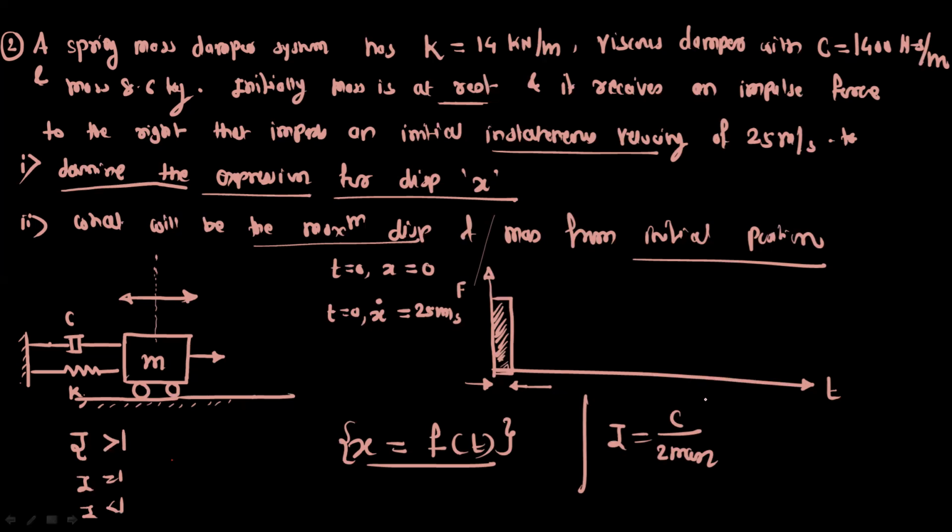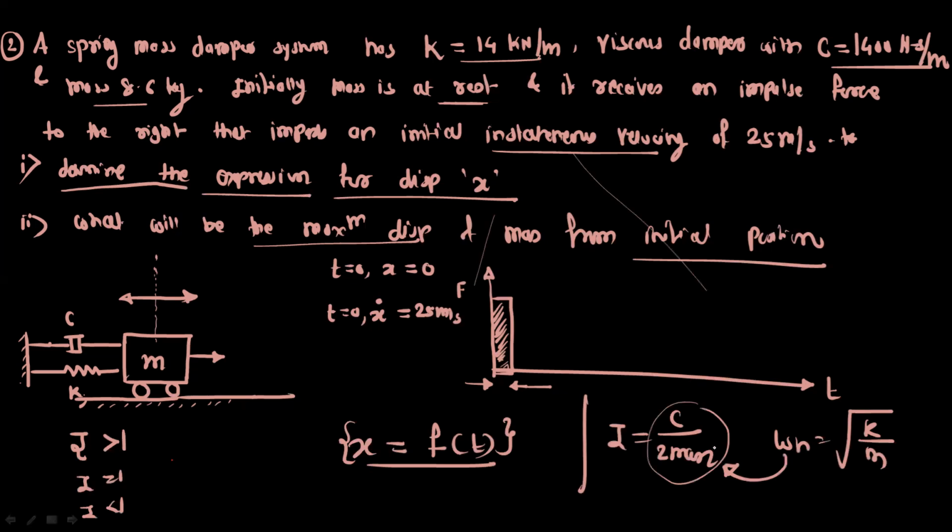C value is given, mass is given, and K is given. So calculate the value of omega n by using this equation, square root of K by m. Put this value in this equation. Get the value of C upon 2m omega n, that is the value of zeta, and check whether zeta is greater than 1, equal to 1, or less than 1.